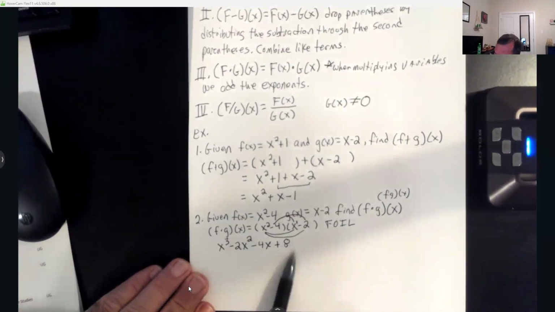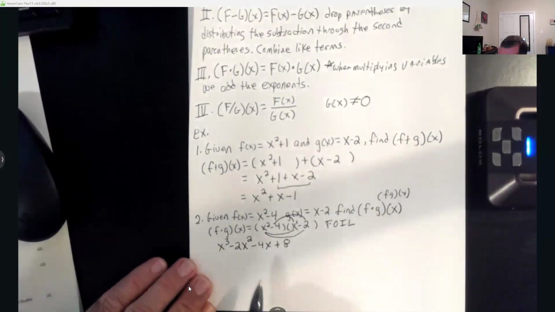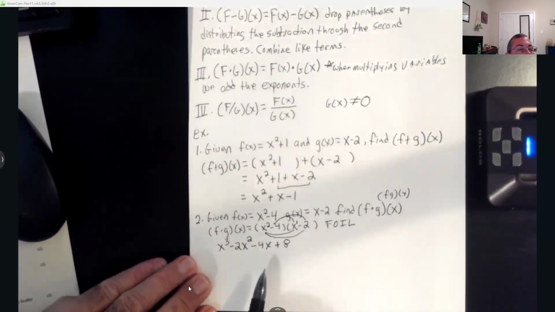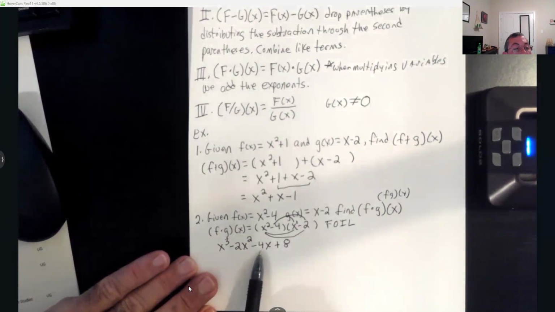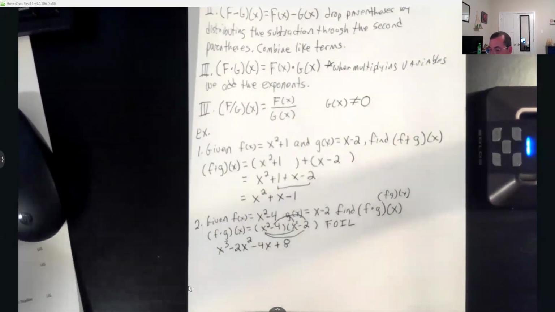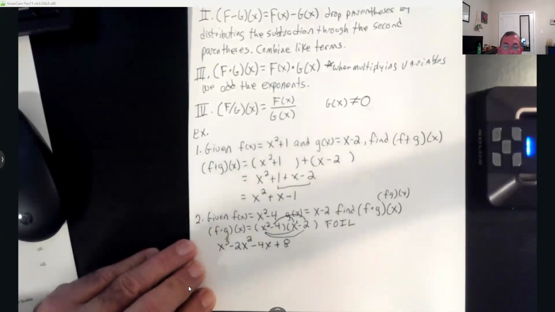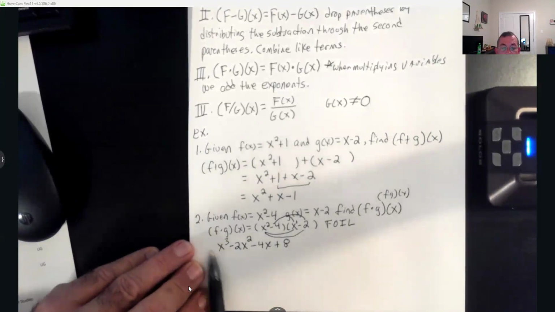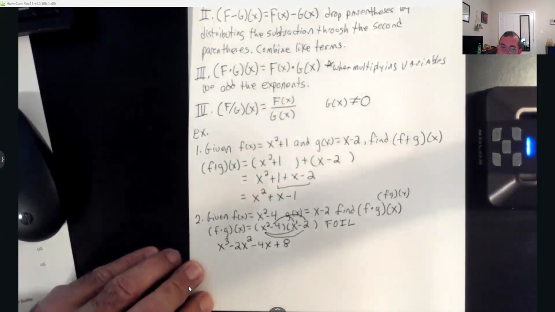And y'all, looks like I have no more like terms, so that'd be our final answer. So now let's see what you got. X cubed minus 2x squared minus 4x plus 8. Good job. So y'all, that's a trick. Remember, at this point, if the exponents don't match, we cannot add those variables together.